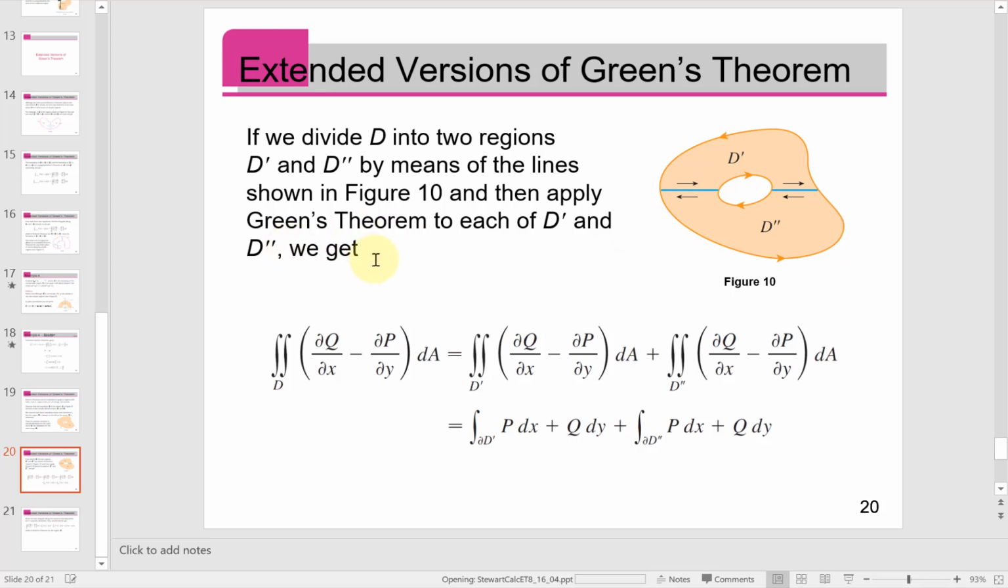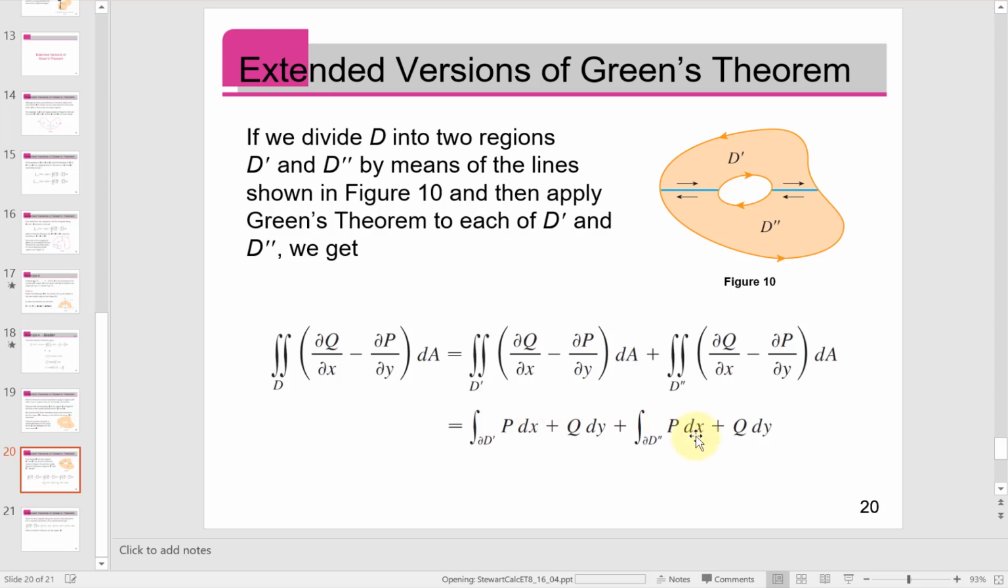The double integral over the entire region D is made up of the integral over D prime plus the integral over D double prime. We're just adding all the area for D prime plus all the area for D double prime. In each of these cases, Green's theorem applies, and we get each of these two line integrals.